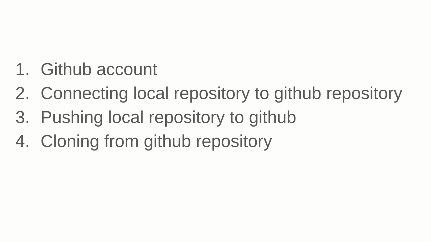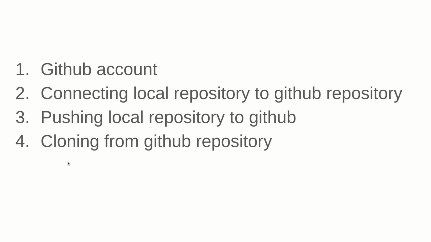Second part would be to connect our local repository to the GitHub repository. And the third part is to push our repository from our local repository to GitHub, so it can be shared with other users and we can have a collaboration with the others.